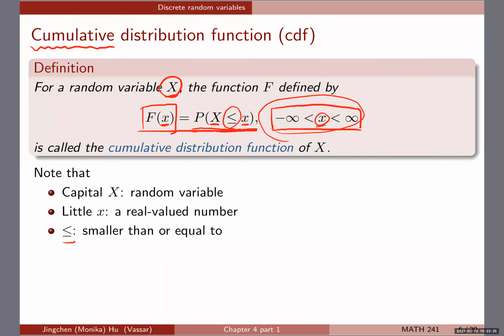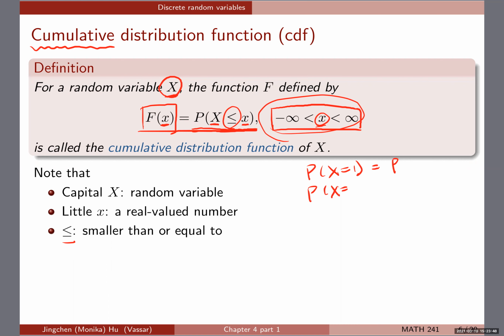So let's think about our previous example earlier. Remember when we have a coin that we're flipping with probability p of getting a head, and we are thinking about the random variable as the number of flips that we need until we have a first head. Remember we talked about this, right?